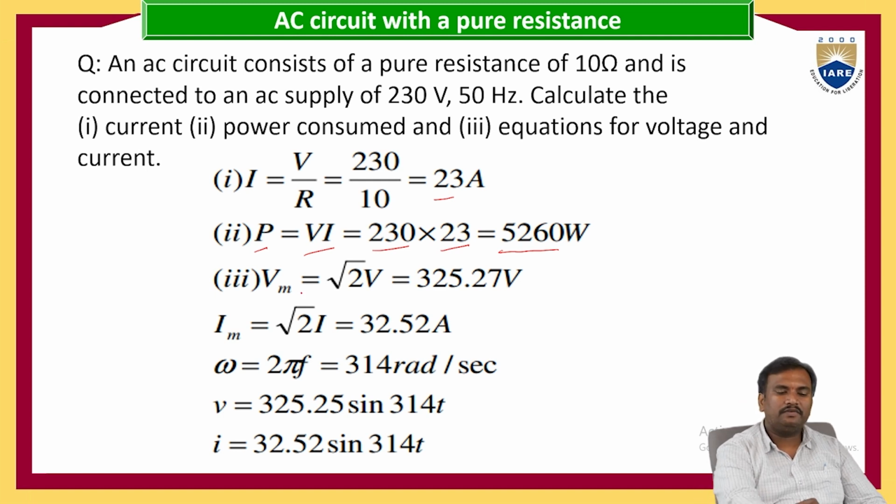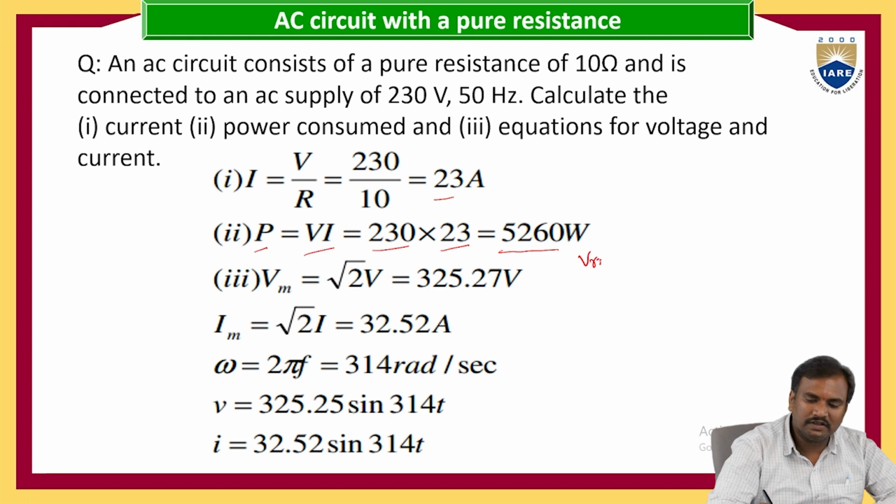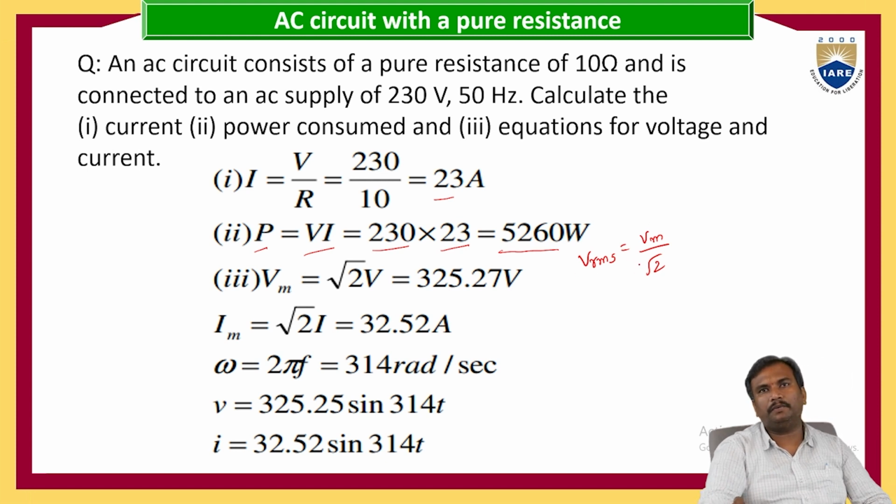And voltage Vm is equal to root 2 times V, that is root 2 into 230, because Vrms is equal to Vm by root 2. In order to get the Vm value, we have to multiply Vrms with root 2. That gives 325.27 volts.